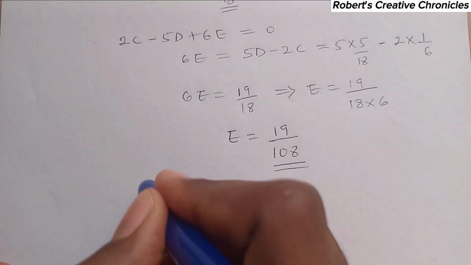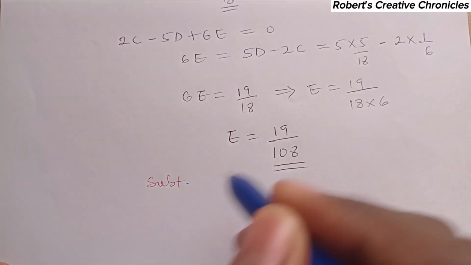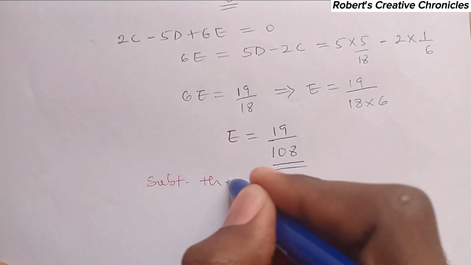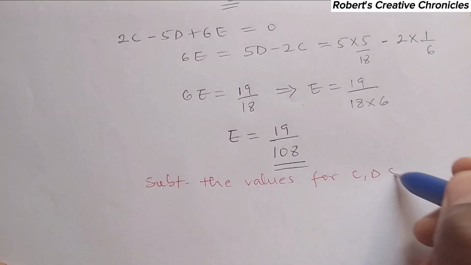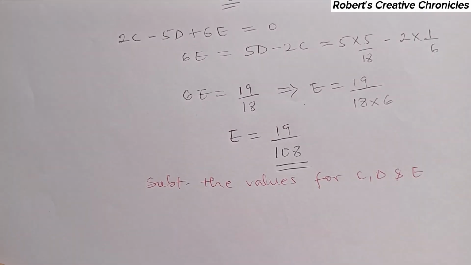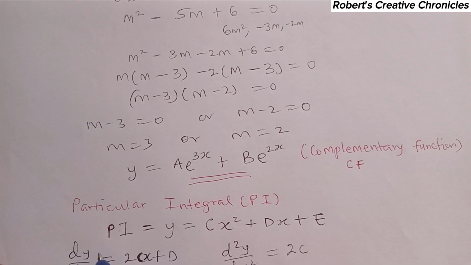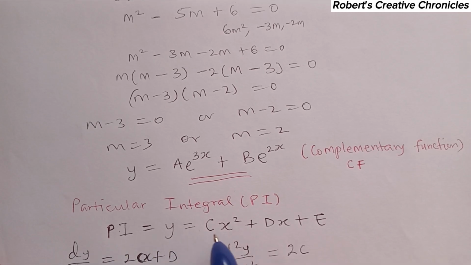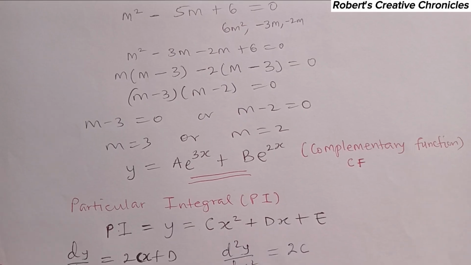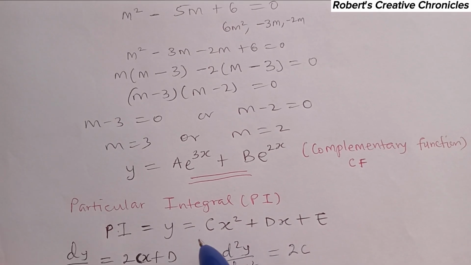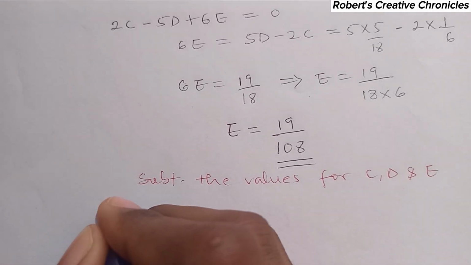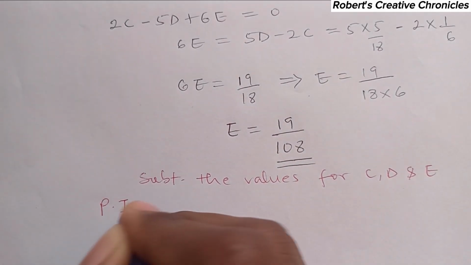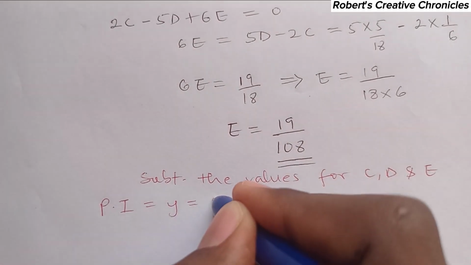So now we'll substitute the values for c, d, and e in the particular integral equation. So we know that the particular integral is y, which is equal to cx squared plus dx plus e. So we're going to substitute c, d, and e into this equation. So the particular integral y is equal to what?